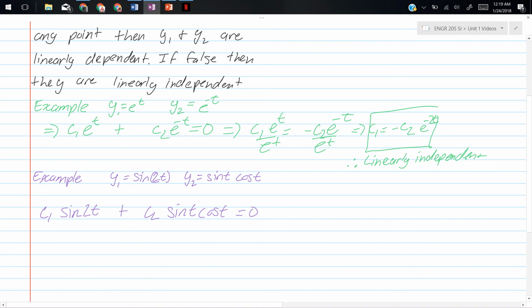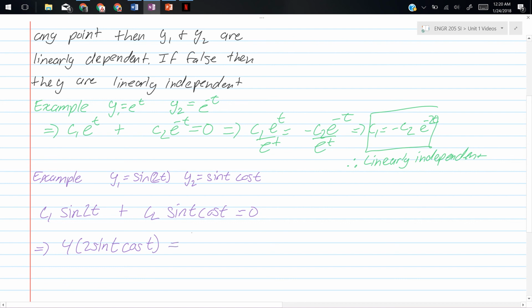So even though it's not obvious, this will turn out to be a true equation, you just have to make the right trig substitution. So I'm going to change the sine 2t into a 2 sine t cosine t.